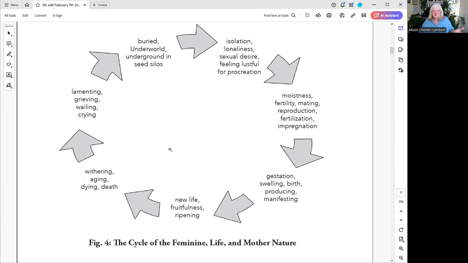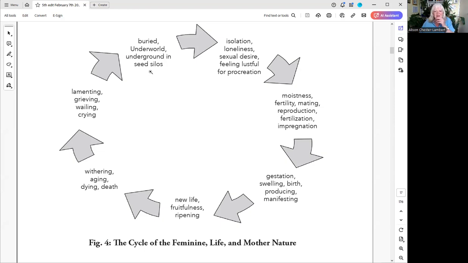But what we want to learn is that the feminine cycle is just so important. It's intrinsic to the whole thing. This is Mother Nature at work. So we have the lamenting, grieving, wailing, and dying, and then the soul or the seed which has come out of the pods.